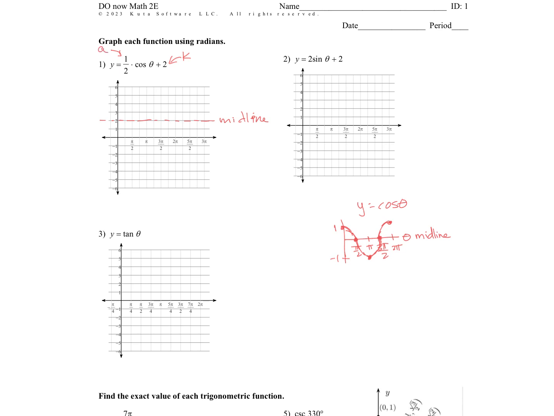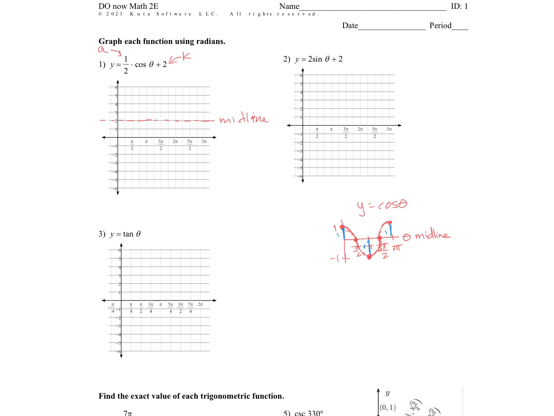So instead of going 1 unit above and 1 unit below my midline, I'm only going to go half a unit because my A is a half.